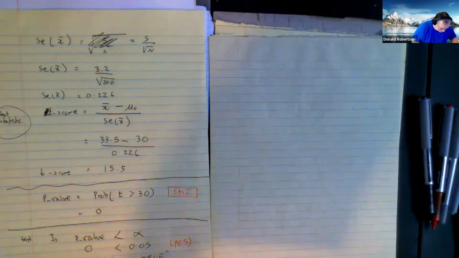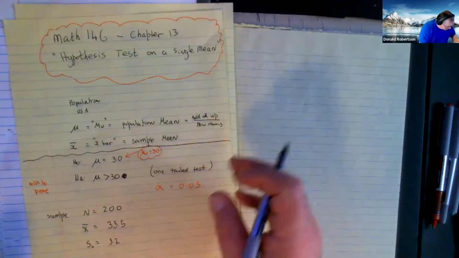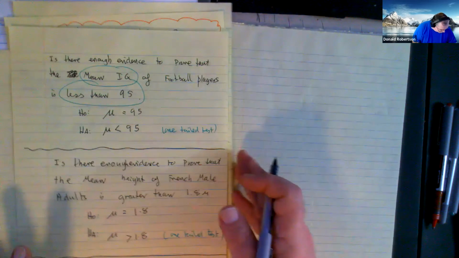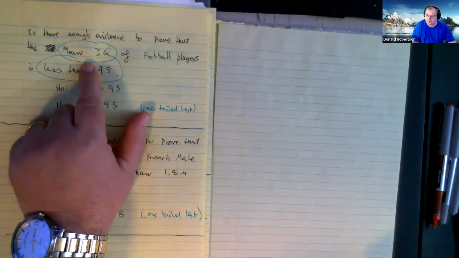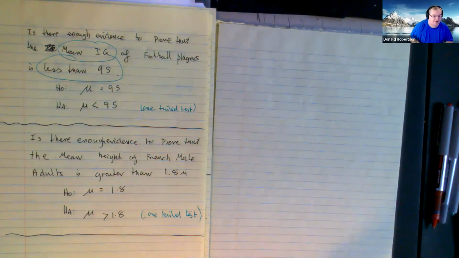So just pick one of my stories. That's a good way of doing it. Let's suppose I was doing the one about the IQ of football players, and I just want to find the t-score.